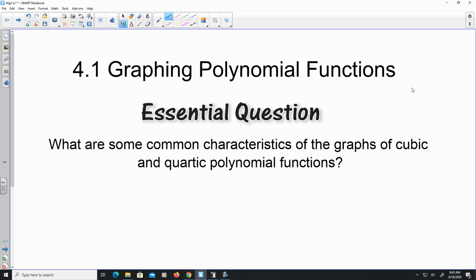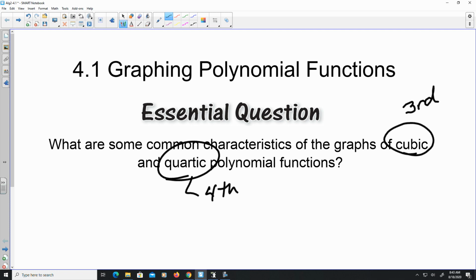Well, first off, we need to know what those kinds of polynomials are. A cubic function is a third degree polynomial. Third degree means that the largest exponent attached to a variable is to the third power, and a quartic is where you have a fourth degree polynomial.